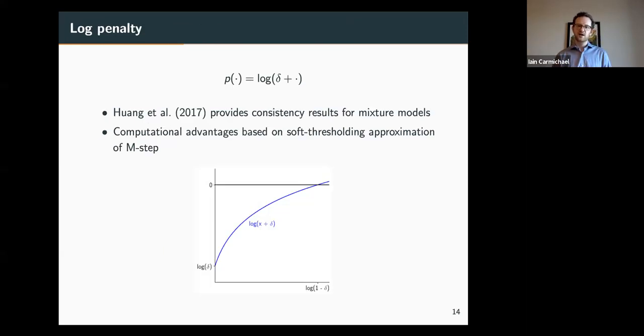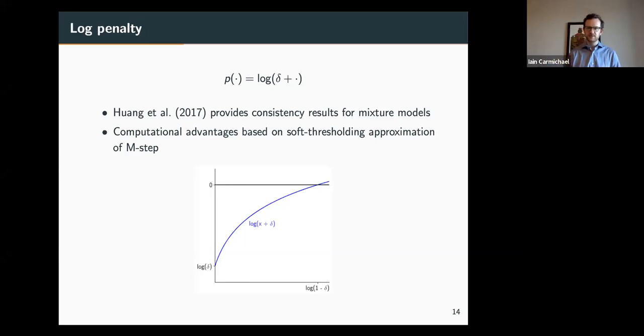We're going to pick the log of delta plus x penalty function. It's shown up in a few places in the literature, but there's a nice paper by Huang et al. that provides some consistency results for using this penalty in the context of a mixture model. If you put this penalty on the weights coefficient in a standard, say, Gaussian mixture model, you get some nice consistency results.